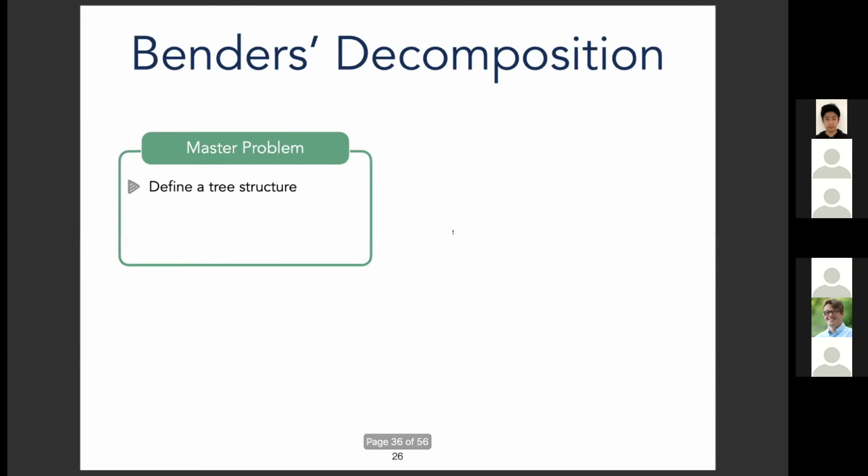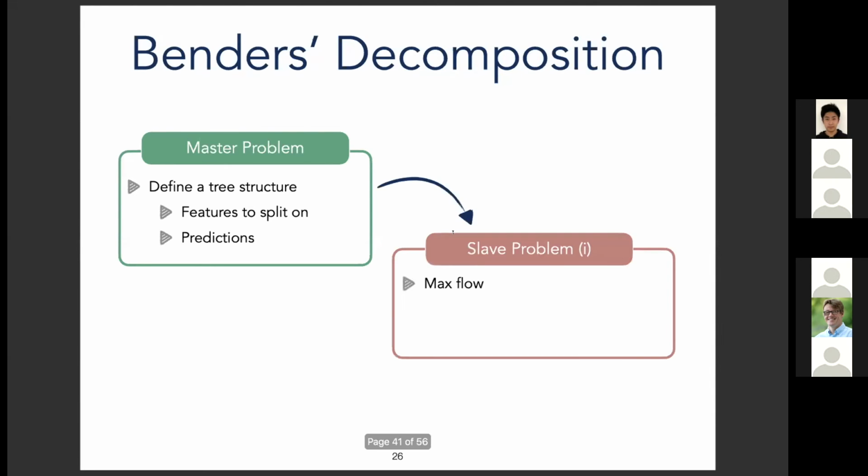In the master problem, we fix the structure of the tree, the features and the predictions. And then for each data point, we solve the max flow problem that I mentioned. In this problem, we decide if the data point is correctly classified or not.